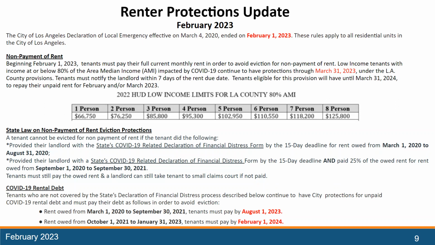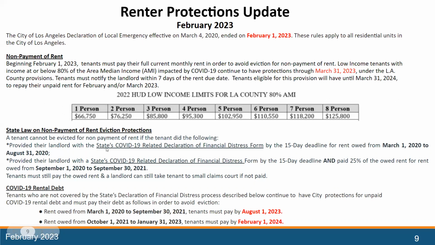But it wouldn't be an eviction proceeding, which would be to the landlord's intent to gain possession. That wouldn't be a danger that the tenant would have to deal with. So that is an overview of the state law protections for the two time periods.